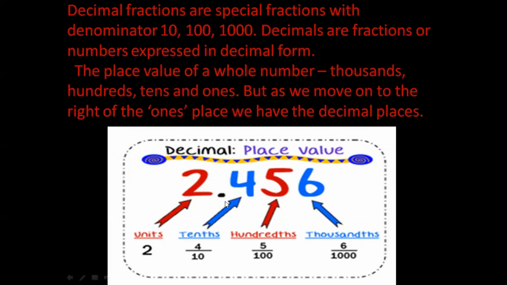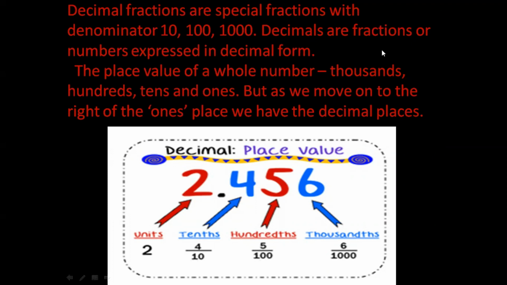Decimal place value. 2.456. Decimal fractions are special fractions with denominator 10, 100, 1000. 2 is in units. 4 is in tenths, meaning 4 by 10. 5 is in hundredths place, 5 by 100. 6 is in thousandths, 6 by 1000.